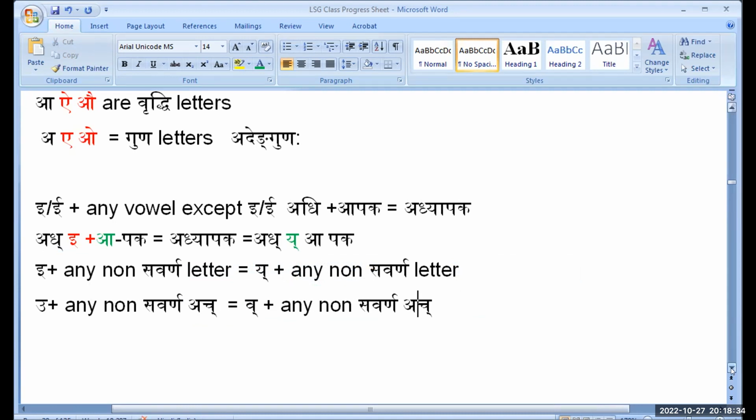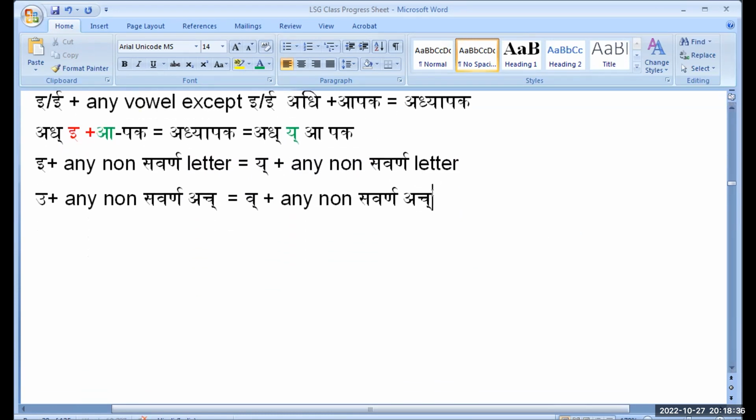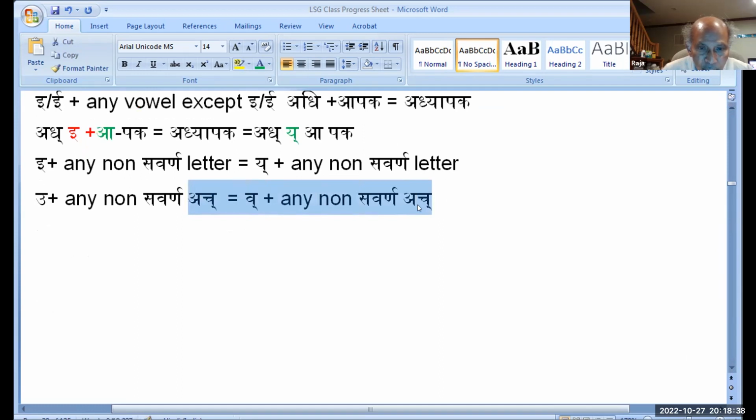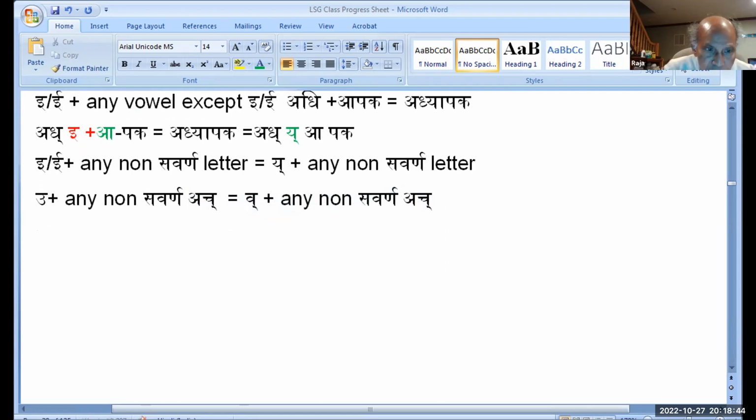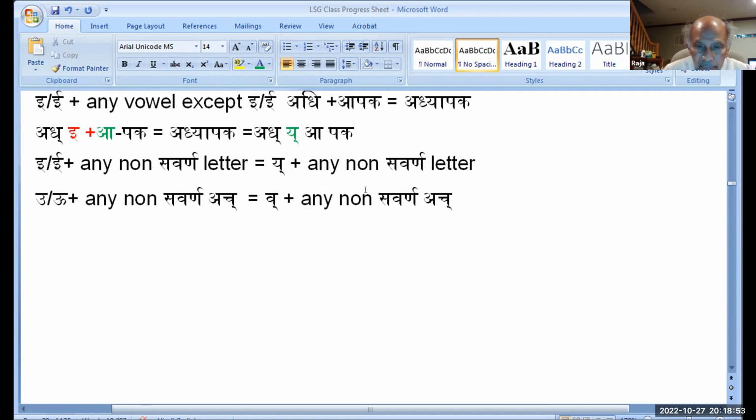Now R, E is over. When I use the word R or E or anything, I assume its long form is also there. I'm going to give you examples, every one of them, in 1 second.